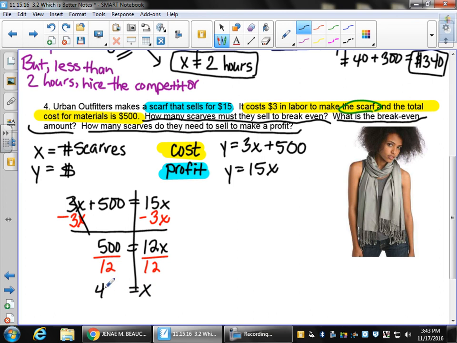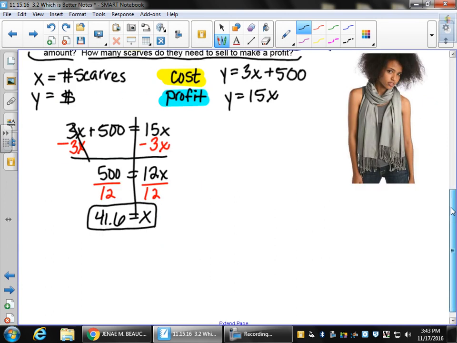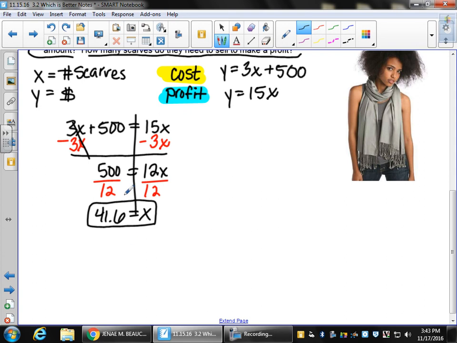Did you get a decimal? 41.6. What do we do with this decimal? We're talking about when they're going to make a profit. If they only sell 41, that's not enough. So in this case, we will round up to 42 scarves to break even.